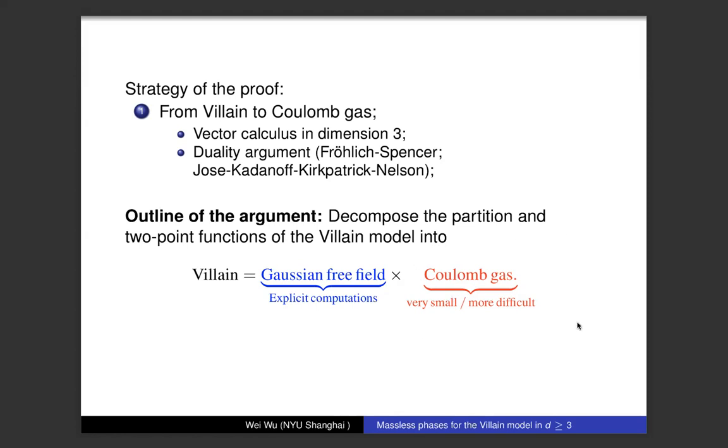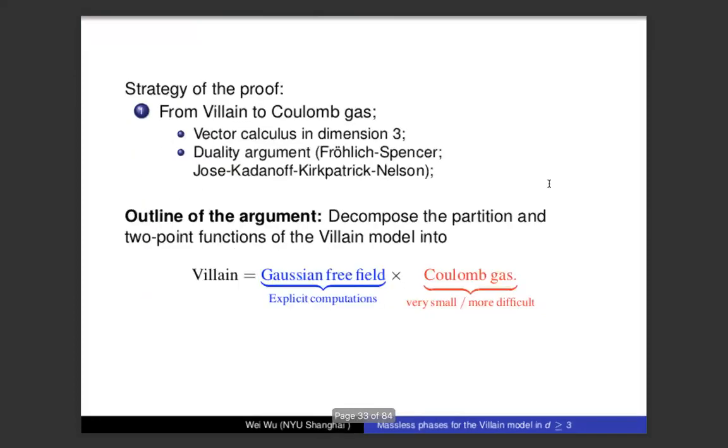In terms of literature, this observation was first made in the 70s in this paper of José, Kadanoff, Kirkpatrick, and Nelson, but their argument is only presented for planar graphs, and the type of duality we're going to use is based on the work of Fröhlich and Spencer in the early 80s.